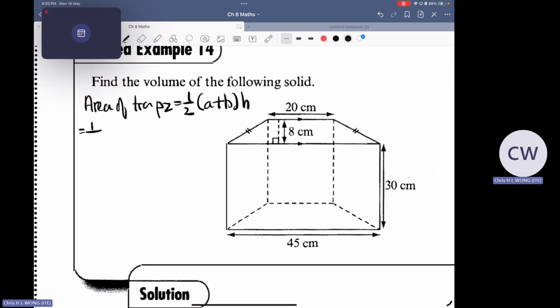What is A? 20. This one, right? What is B? Very good. Below the same, isn't it? 45 here, here is also 45.